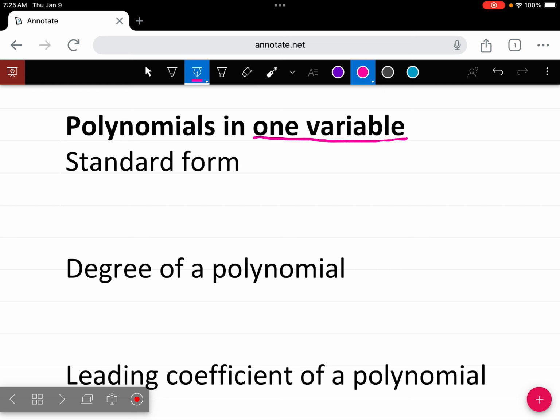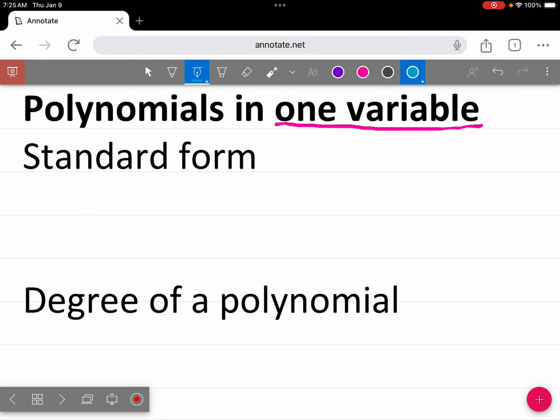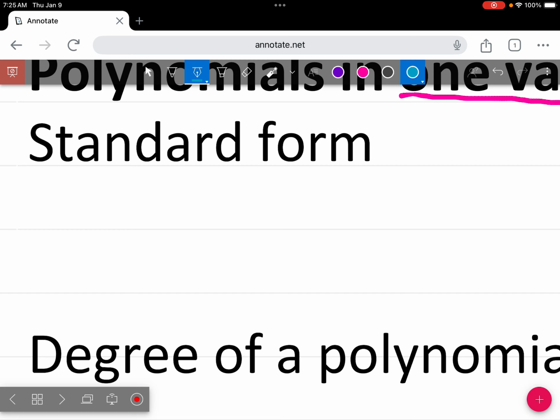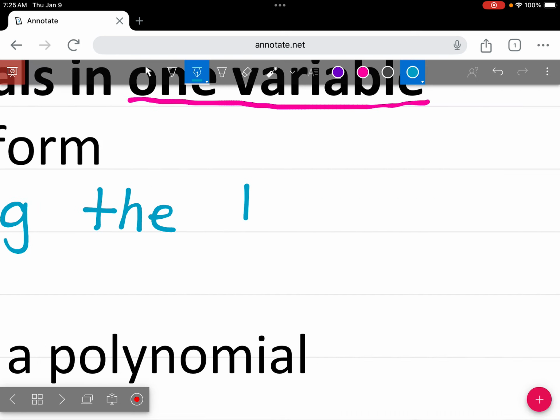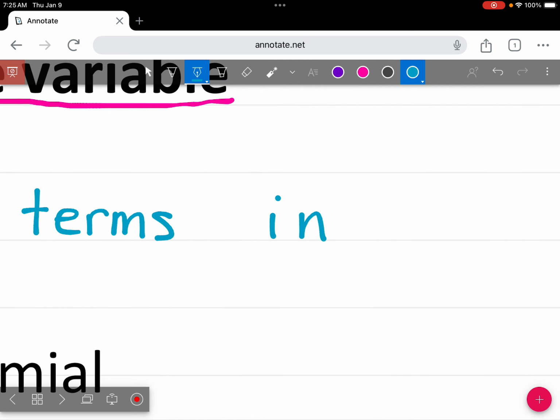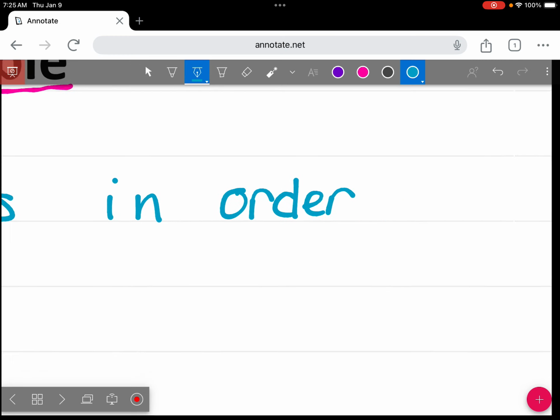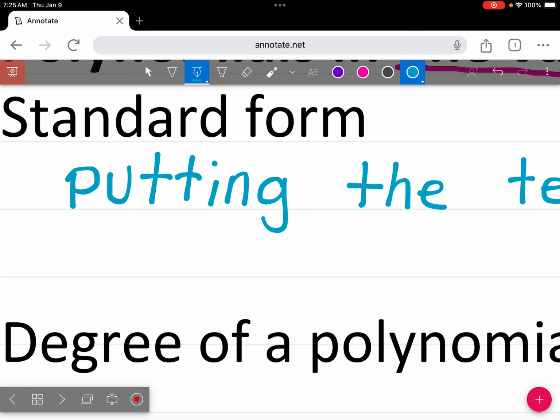So our first piece that we're going to look at here is something called standard form, and it's going to be really helpful when we're looking at really, really long polynomials to be able to put something in standard form. And what that means is standard form is putting the terms in order from largest to smallest exponent.